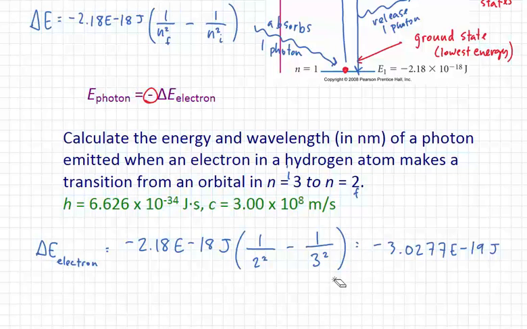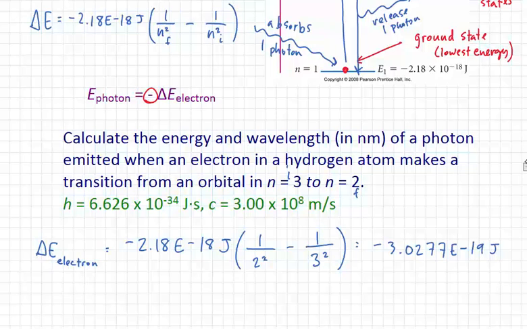You need parentheses here, okay? Wouldn't hurt to put some parentheses inside of here too, but at the bare minimum, you need those, okay? So that is the energy change that the electron had, negative 3.027 times 10 to the minus 19 joules.